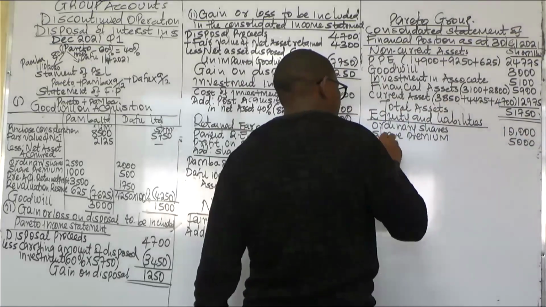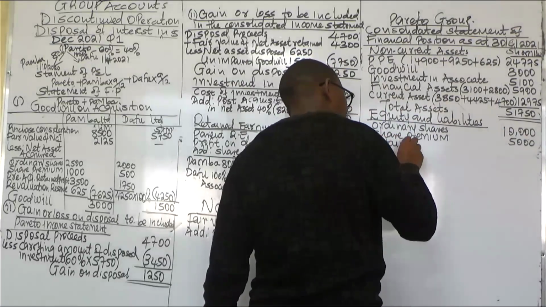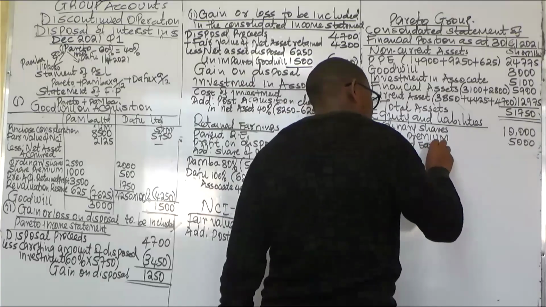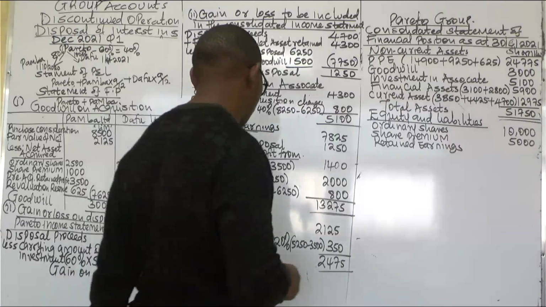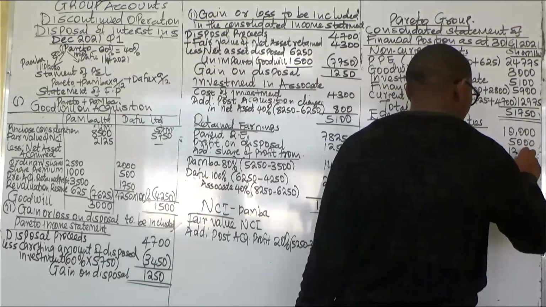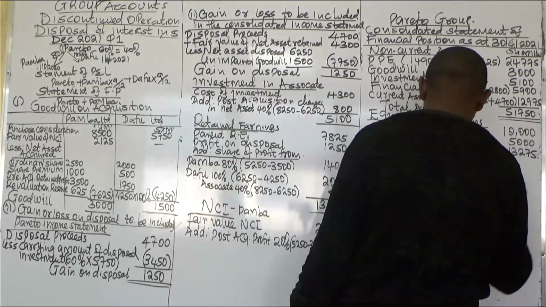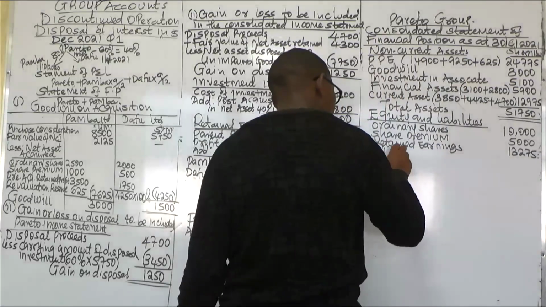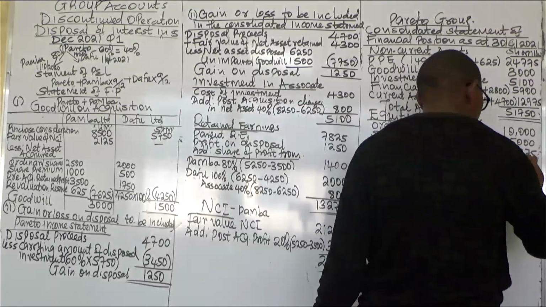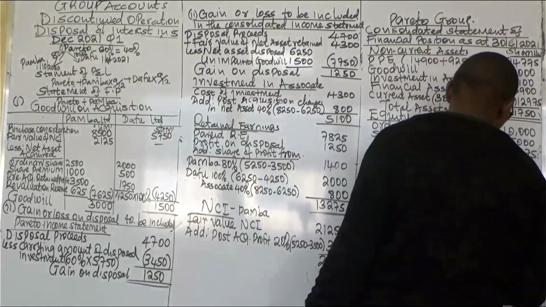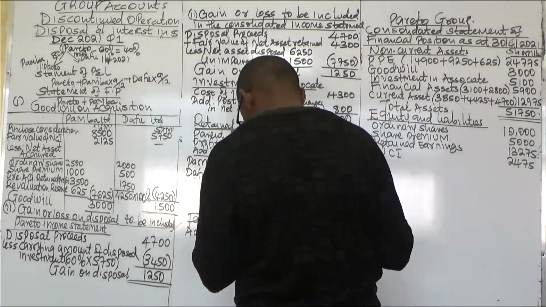I've also computed the retained earnings. The retained earnings is 13,275. And then I also have the non-controlling interest of 2475.